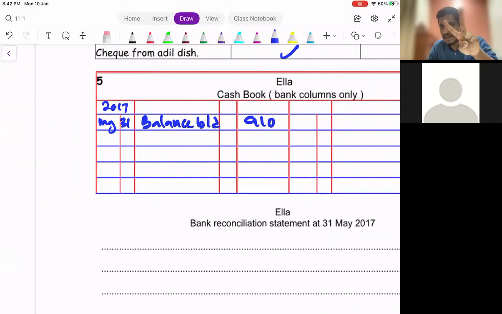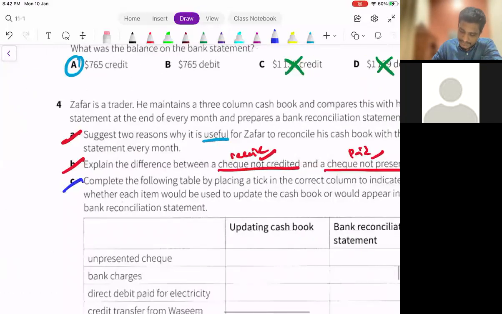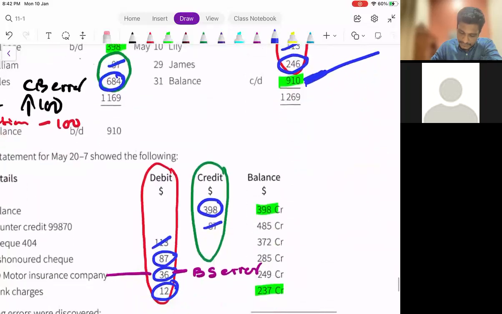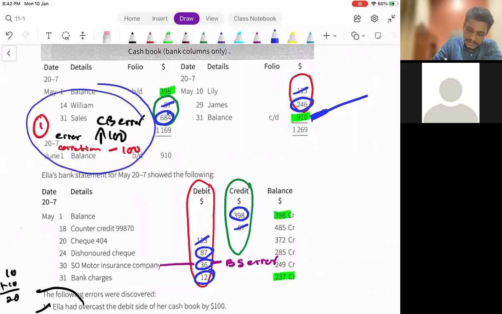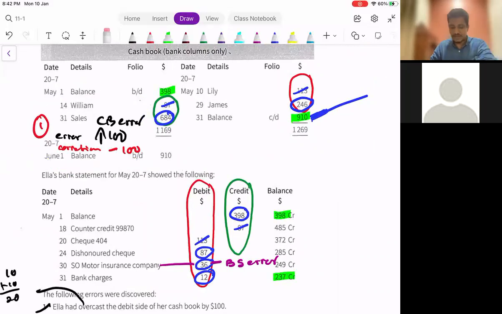There are two things from the cash book. Let me check. Correction of error from the cash book will go to the updated cash book, and also the dishonored check. But the dishonored check is already written here, so no need to care about it.